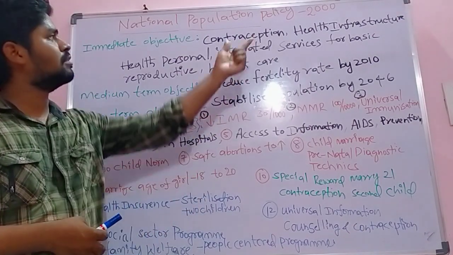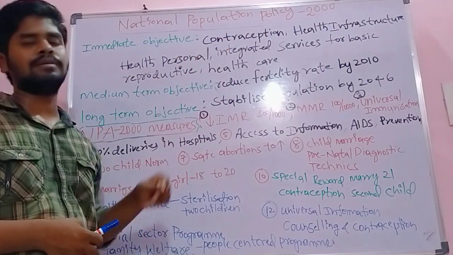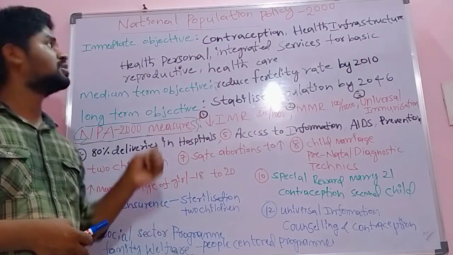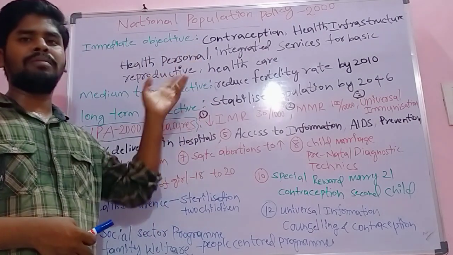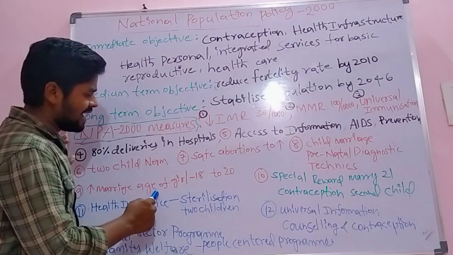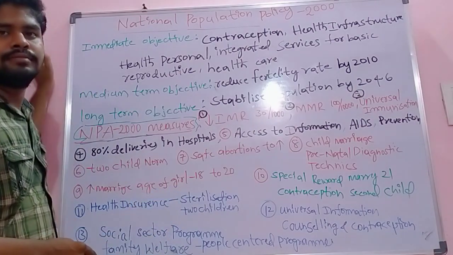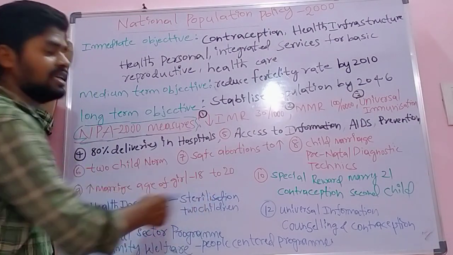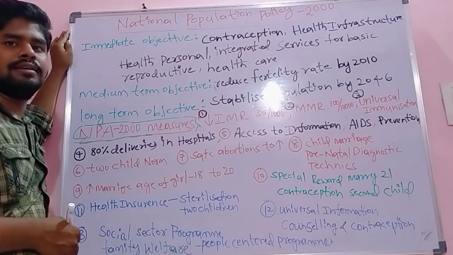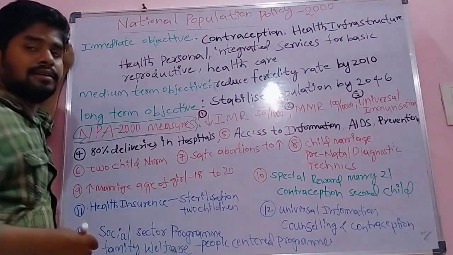But the National Population Policy of 2000 explains that the marriage age for girls should be increased from 18 to 20 years. Right, so there was only 18 years.